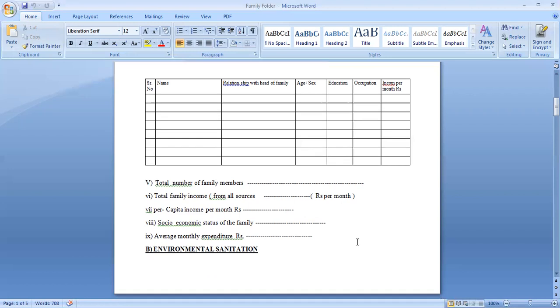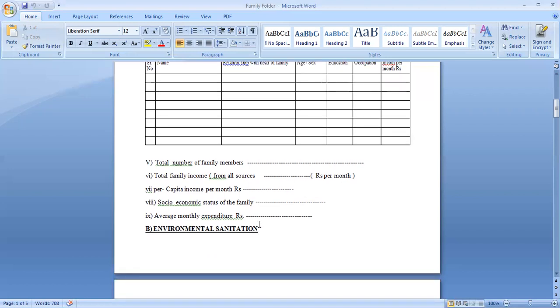Then average monthly expenditure. This you have to ask the family, how much they spend on food and other requirements, maybe clothing, education, medicine, treatment, etc. Sometimes the person does not have some expenses which are made every month, but he makes a provision for these expenses.